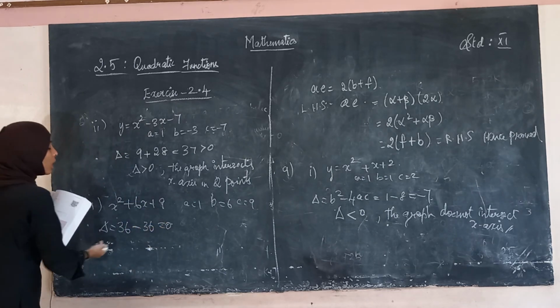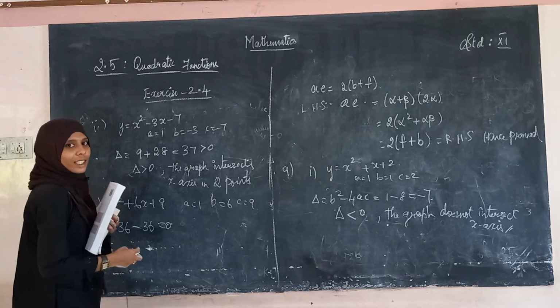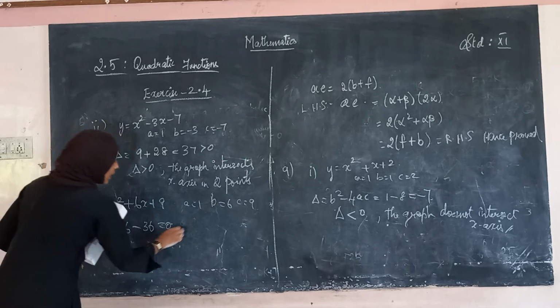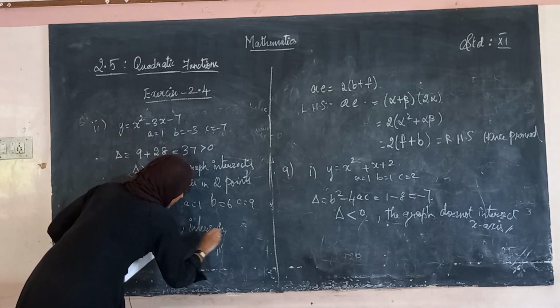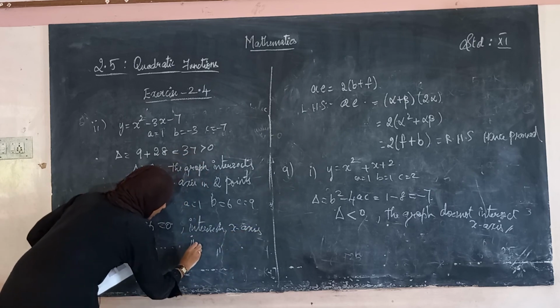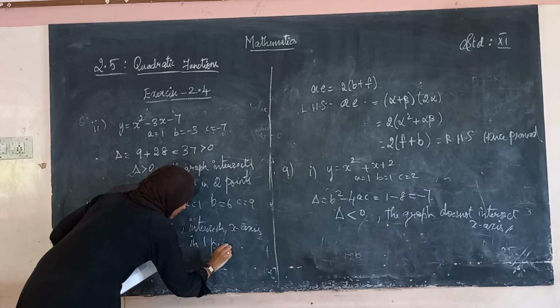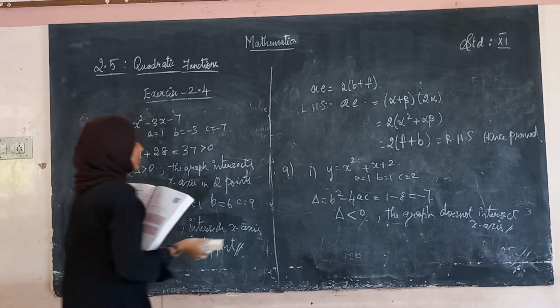See here we got del is equal to 0. Del is equal to 0 means it has real and equal roots. That means the graph intersects the x-axis in only one point. Okay.